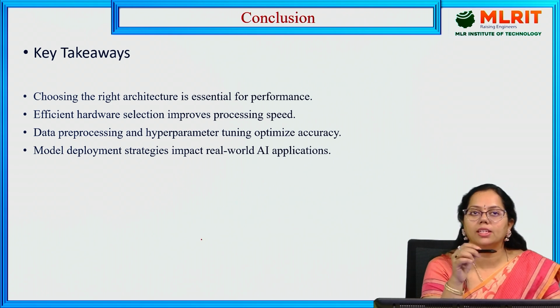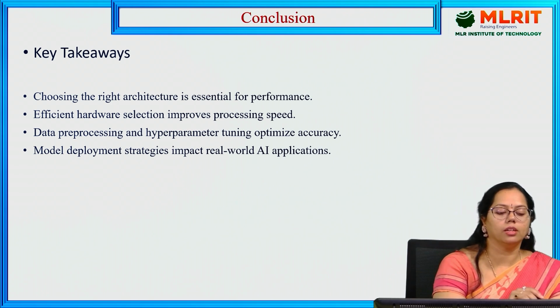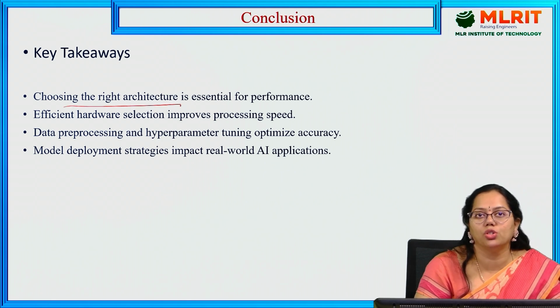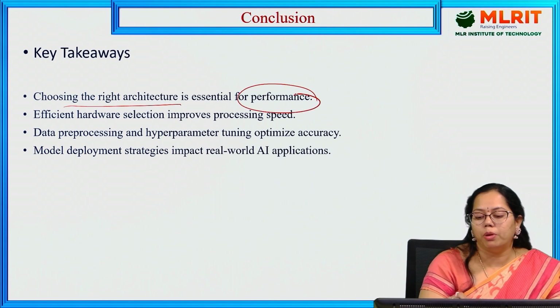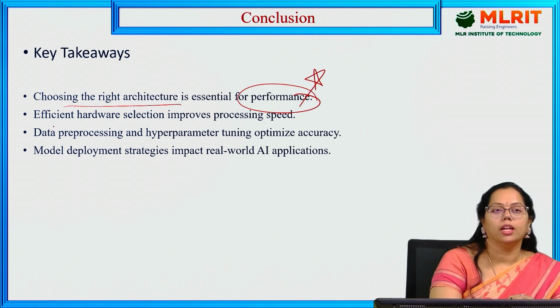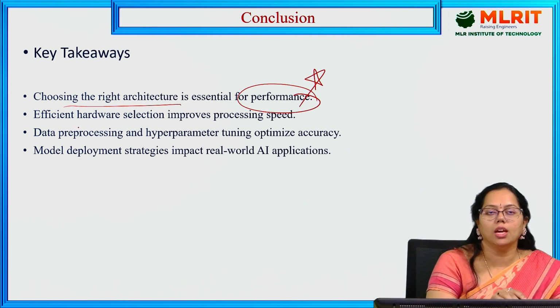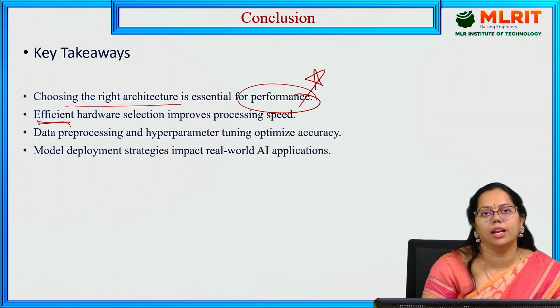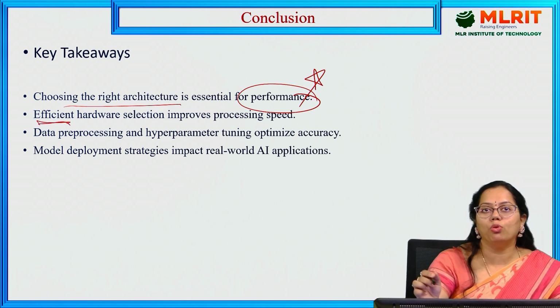Now, what are the key takeaways in this session? Choosing the right architecture is essential for performance. Efficient hardware selection improves processing speed.